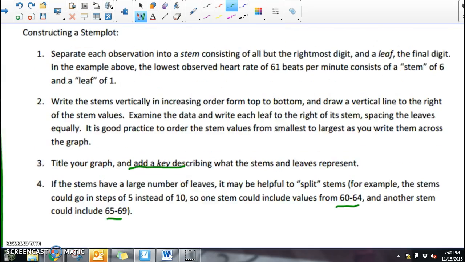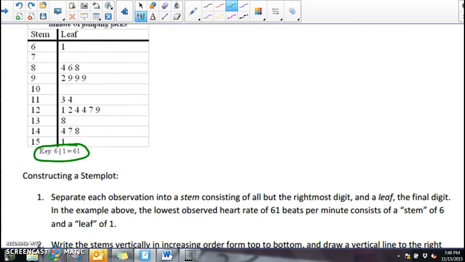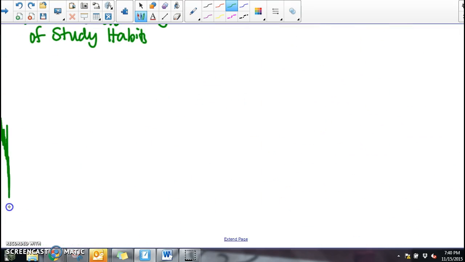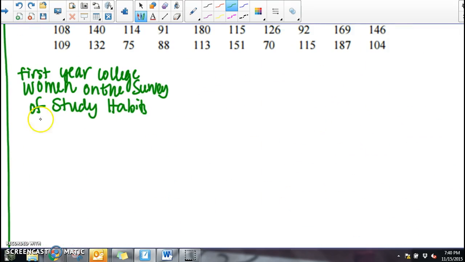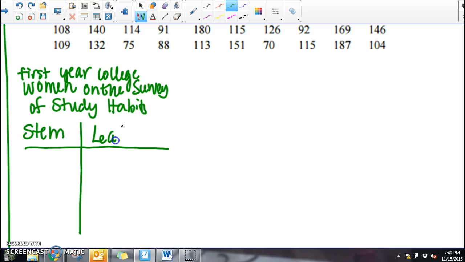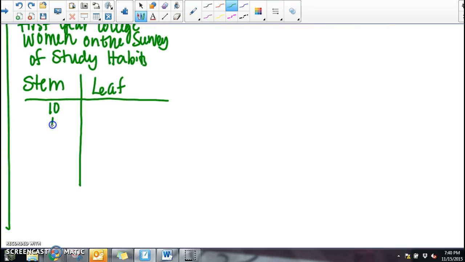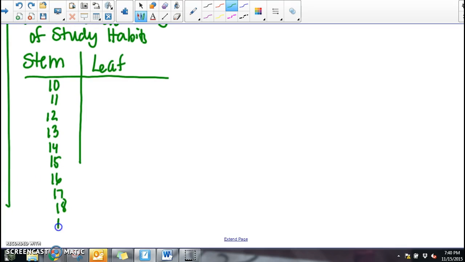so again, if you want to look at your stem plot up here, what would be the easiest to do is to put stem, and put leaf, and to make this 10, 11, 12, 13, 14, 15, 16, 17, 18, 19, and 20.